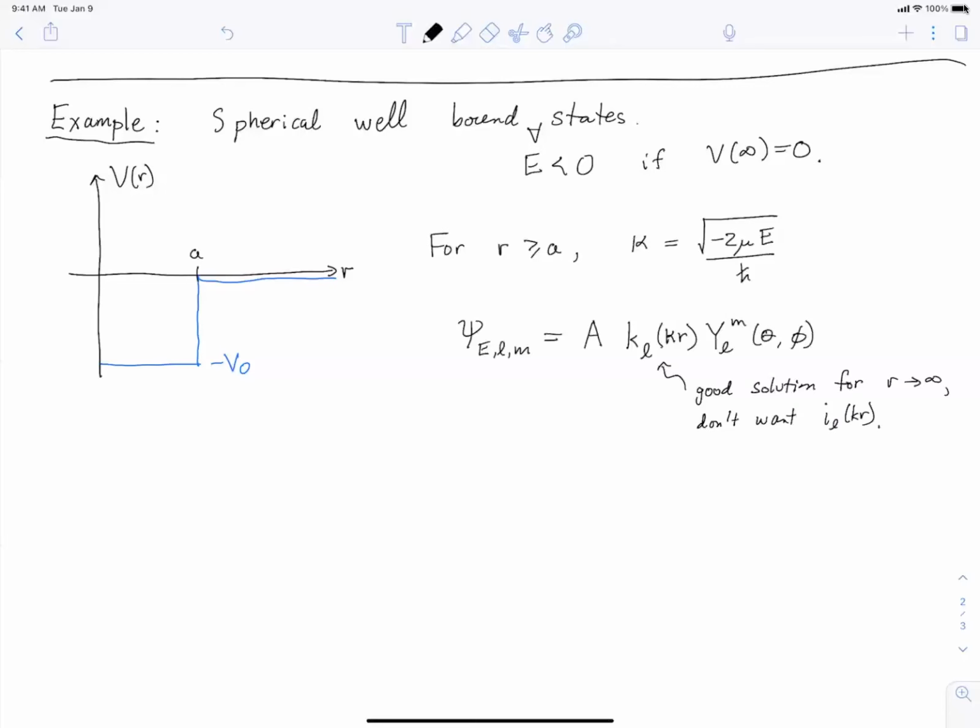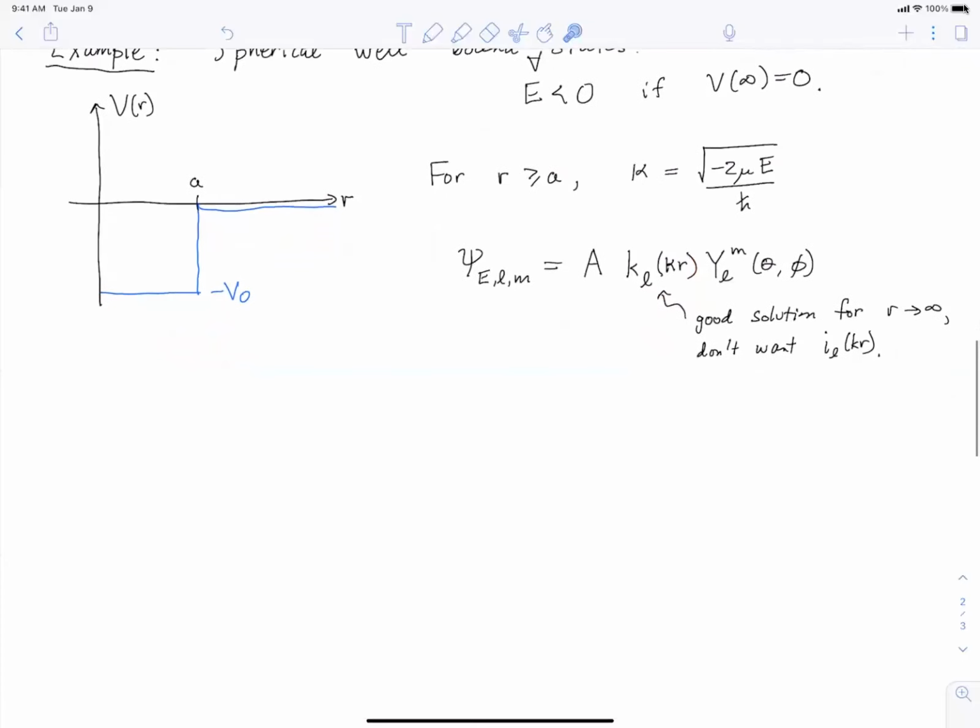If you didn't know this, you could, of course, just try any two linear combinations of these spherical Bessel functions, plug them in, and then you'd have to apply a boundary condition at infinity that the thing not blow up. And then what you would discover after doing some algebra is that this is the correct linear combination. But what we've done is we've already understood which linear combination to use if you want the function to be well-defined at infinity in this region. And so we've already chosen the right linear combination, and we don't have to do that extra step here.